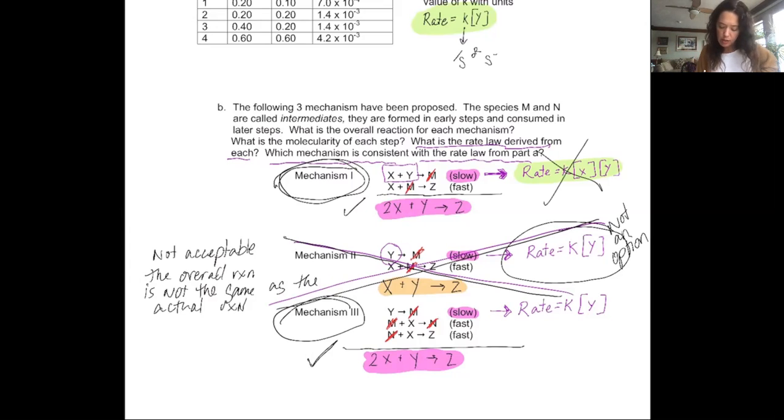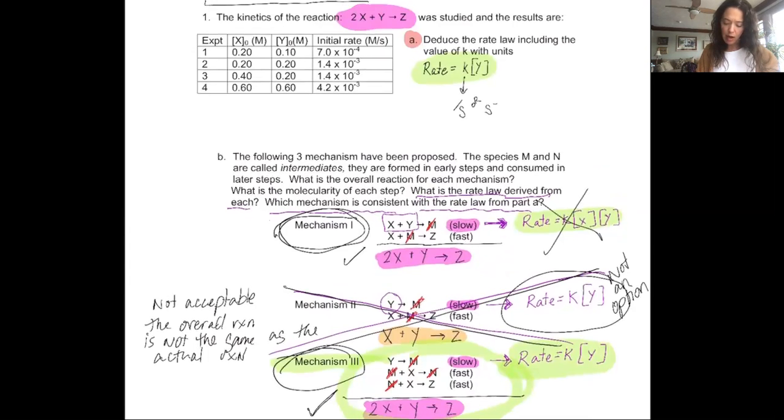And what we see here is this rate law, which is provided by the slow step in this mechanism, is the same as the rate law that was experimentally determined by using the initial rates method. Remember, rate laws can only be experimentally determined.